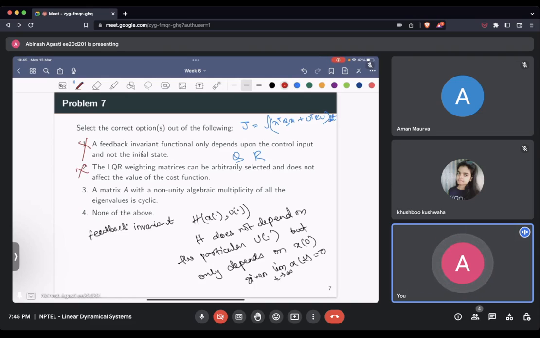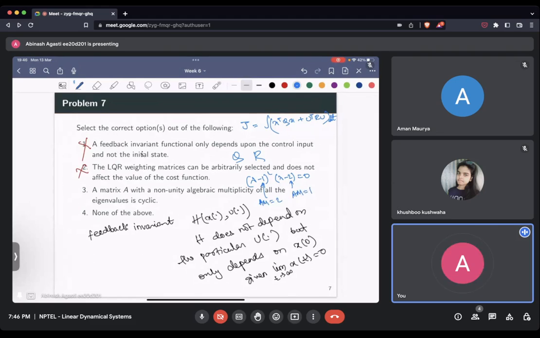Then, a matrix with non-unity algebraic multiplicity of all the eigenvalues is cyclic. Now we cannot say what will happen in this case, because algebraic multiplicity means how many times repeated roots are coming in the characteristic equation. So if the characteristic equation is (lambda minus 1) whole squared into (lambda minus 2), then algebraic multiplicity of 1 is 2, algebraic multiplicity of 2 is 1.